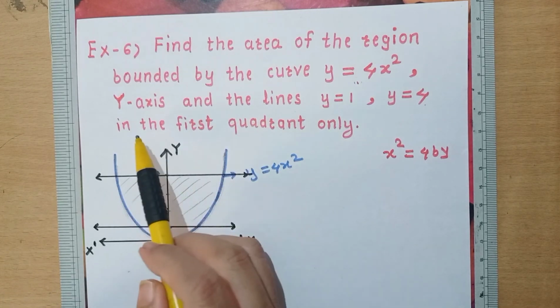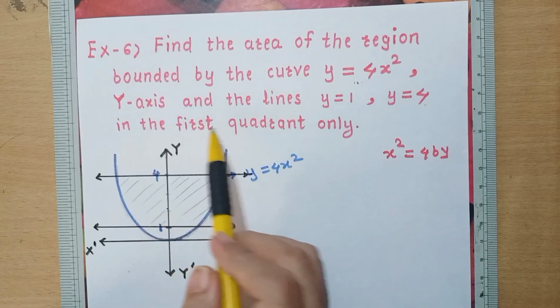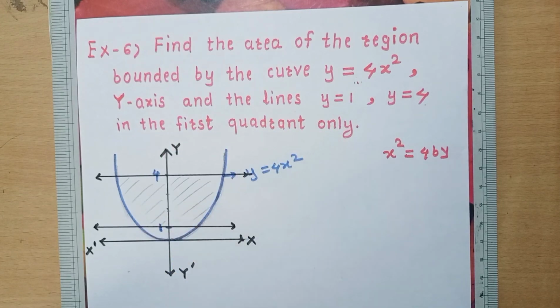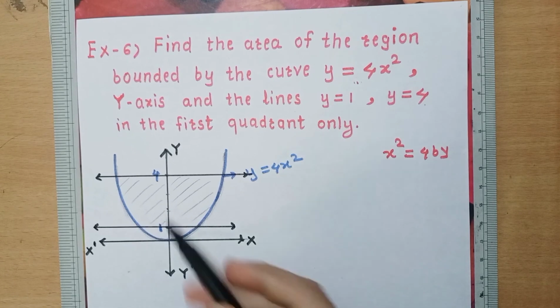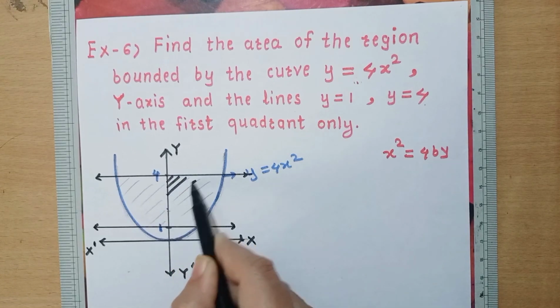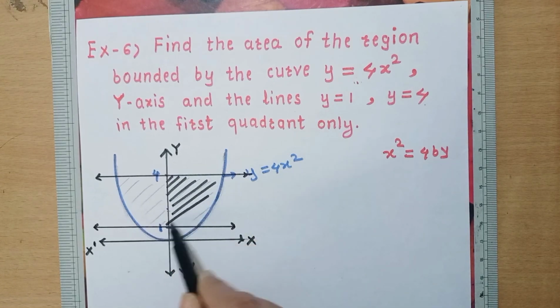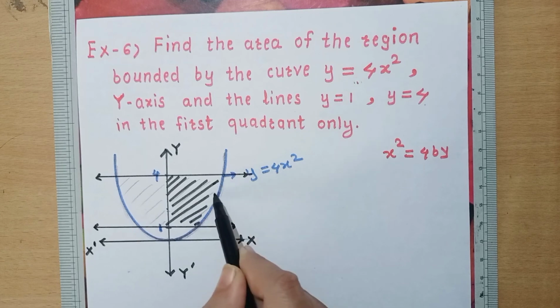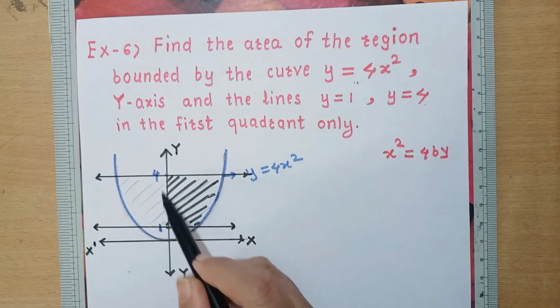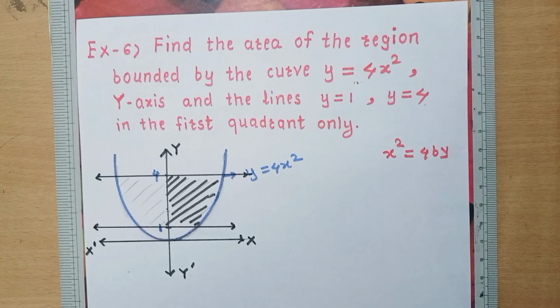But here it is mentioned that in the first quadrant only, that means we have to find only this area which lies in the first quadrant, where the limits are from y is equal to 1 to 4.